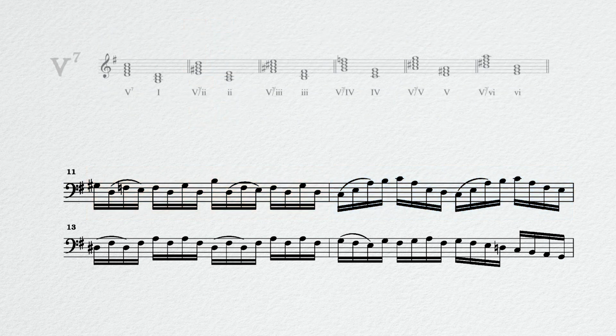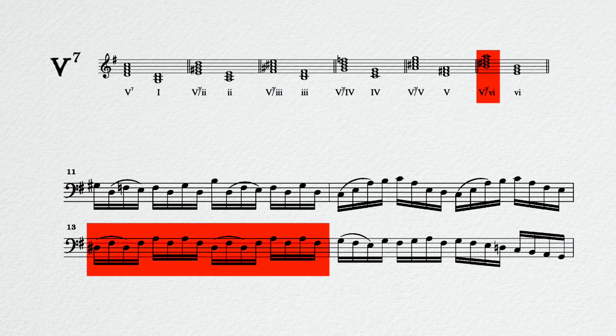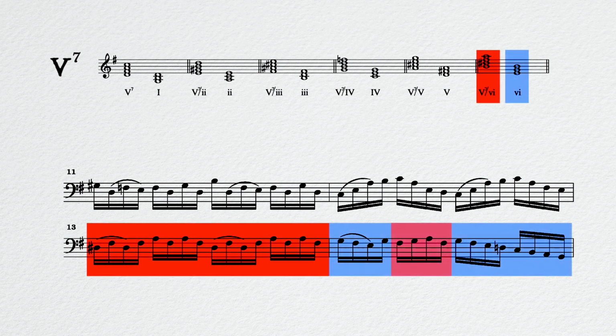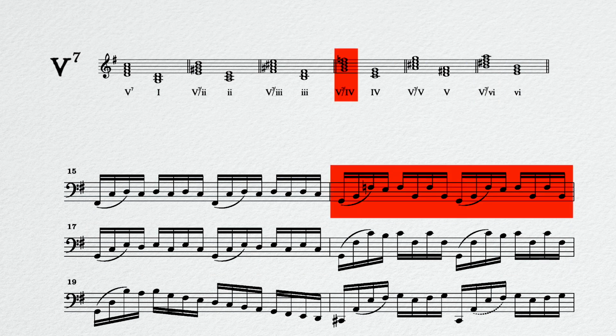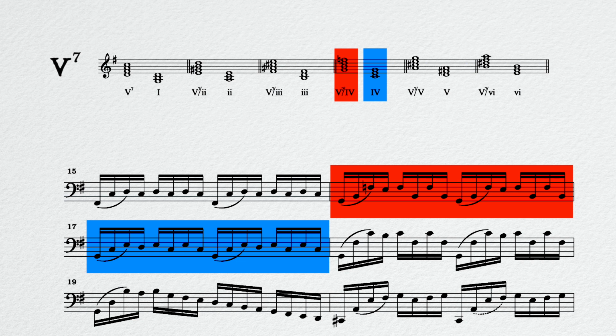Measure 13 implies a B dominant 7th, which resolves to E minor in measure 14. Measure 16 then presents us with a G dominant 7th chord, which resolves to C major in measure 17.